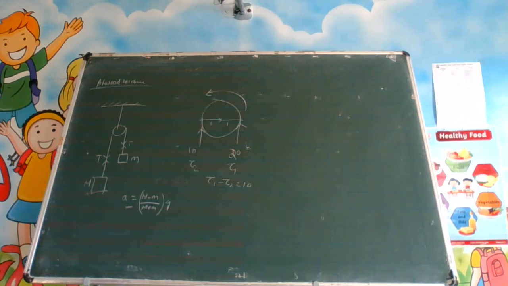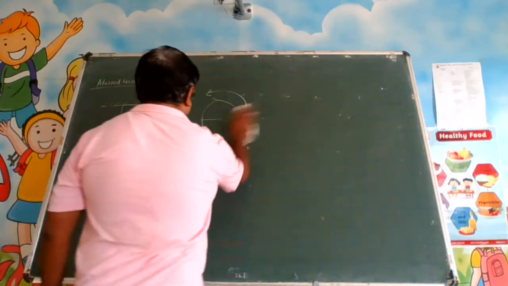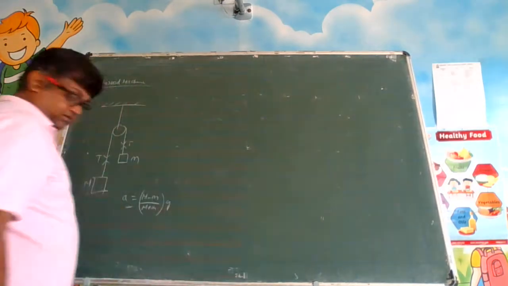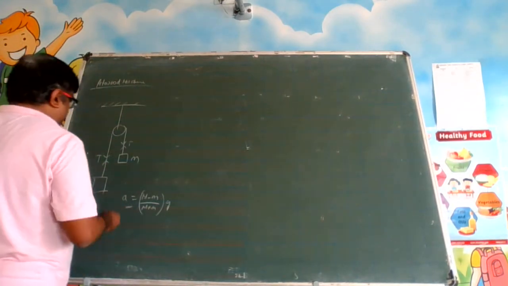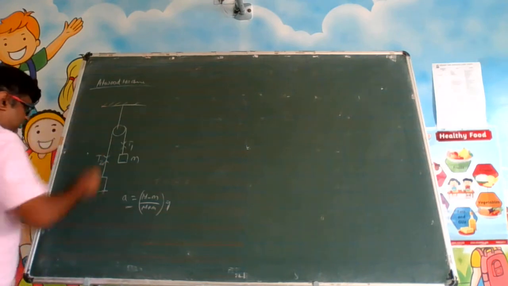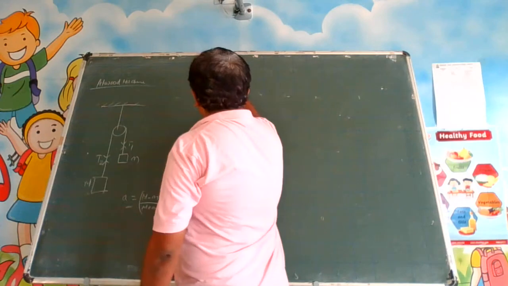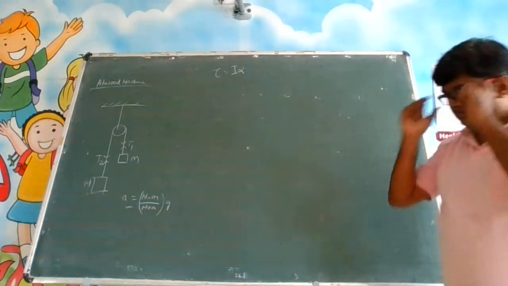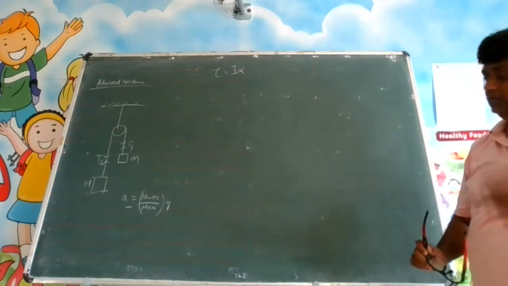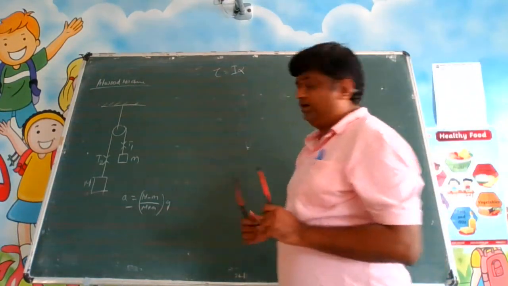Simple principle. So here also, in the same example also, this will become what now? This will become T1, this will become T2. Okay? And how to get the torque? Torque is equal to I alpha. If you know the I value of the pulley, you can get the value of torque.